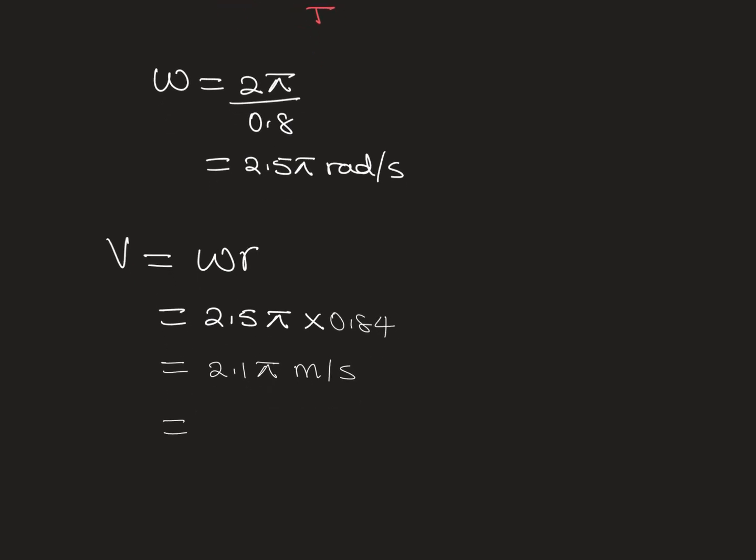If we substitute the value of pi, that will be 2.1 times 22 over 7 meters per second. 2.1 times 22 over 7 is 6.6 meters per second. So the linear velocity is 6.6 meters per second.